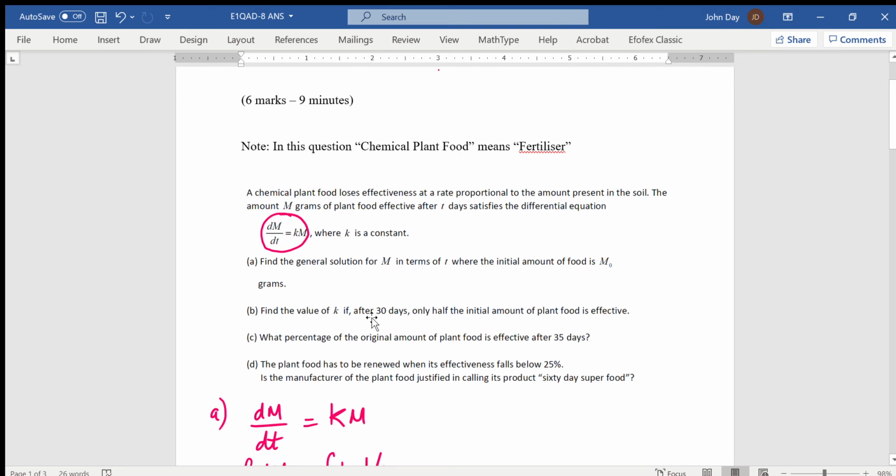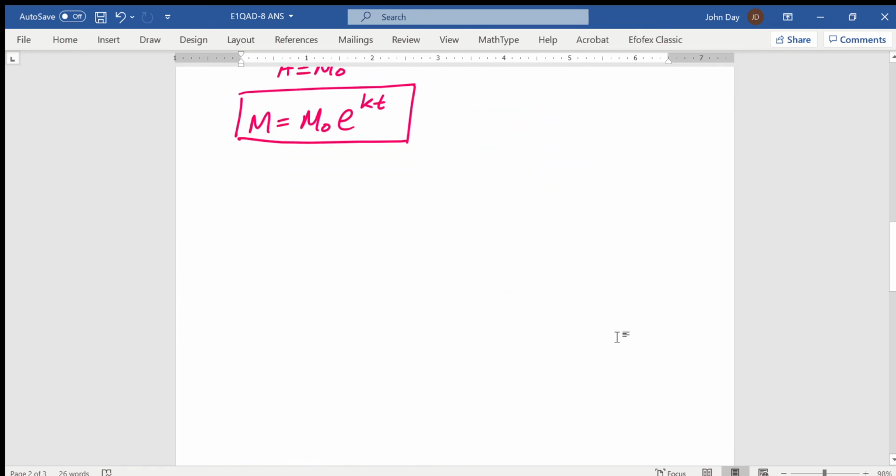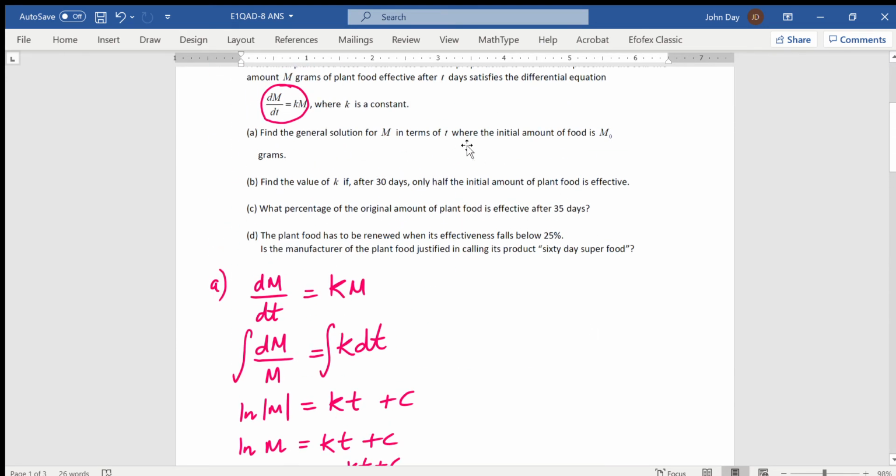Find the value of k if after 30 days only half the initial amount of plant food is effective. Okay, so B, when t equals 30, just check that the time is in days in the question. T days, yes it is.